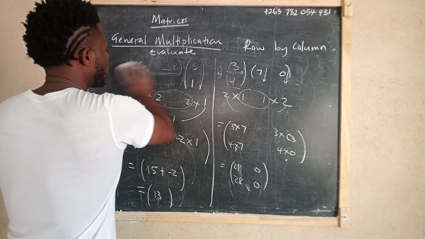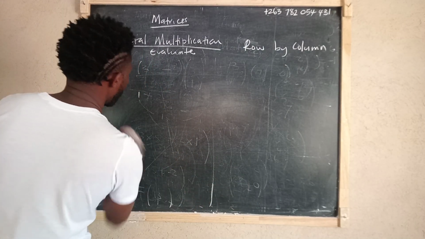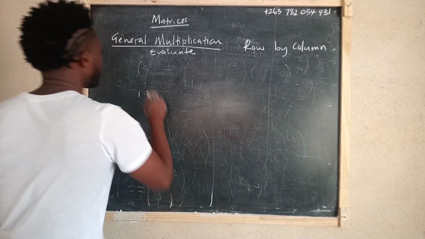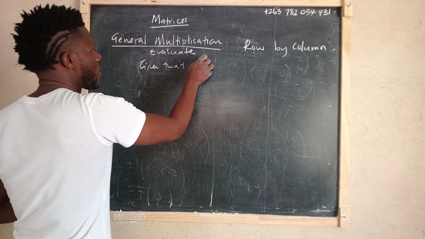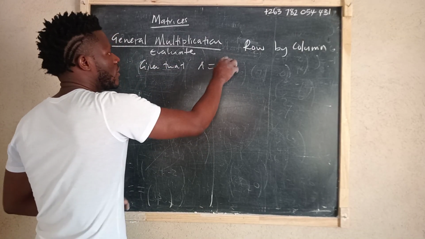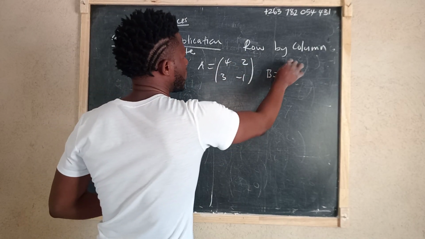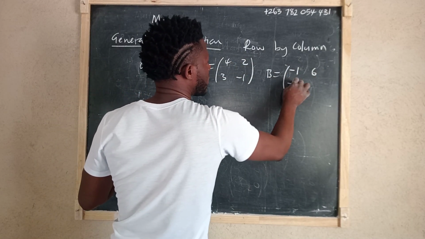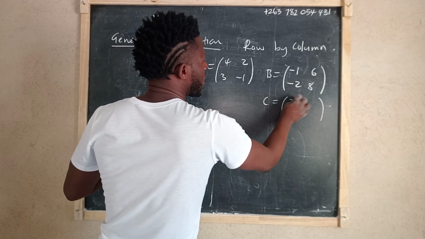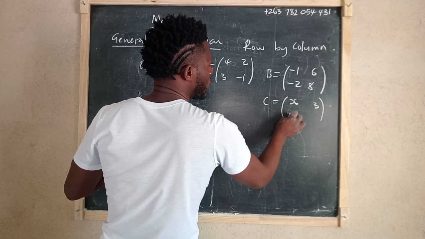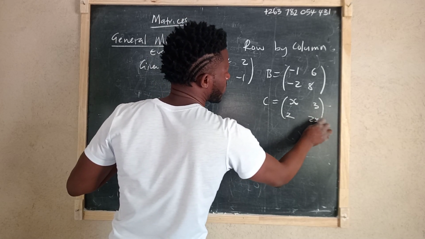So in exam situations, they use letters. They use letters like this. Given that A equals 4, 2, 3, minus 1, B equals minus 1, 6, minus 2, 8, C equals x, 3, 2, 2x.